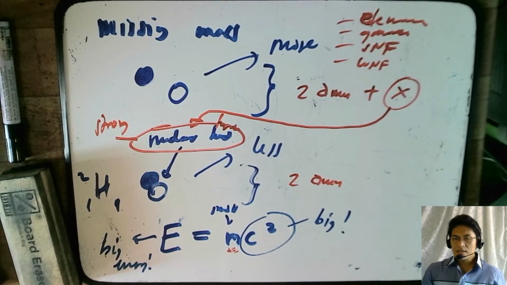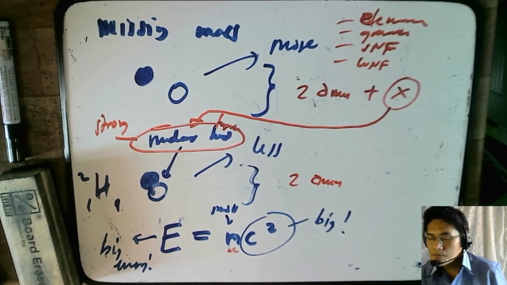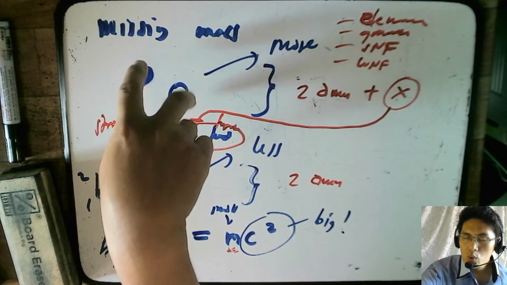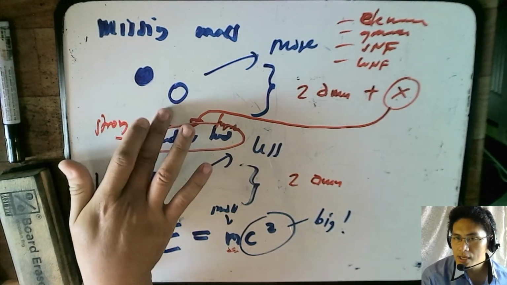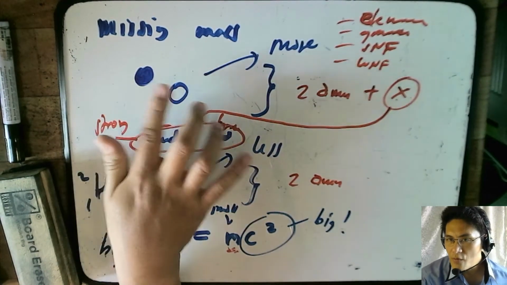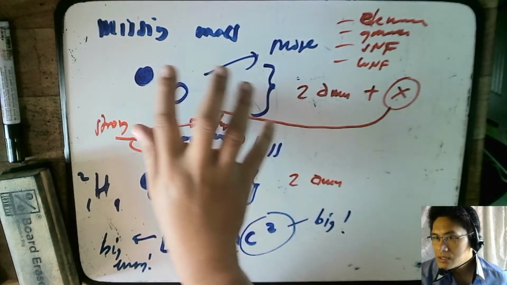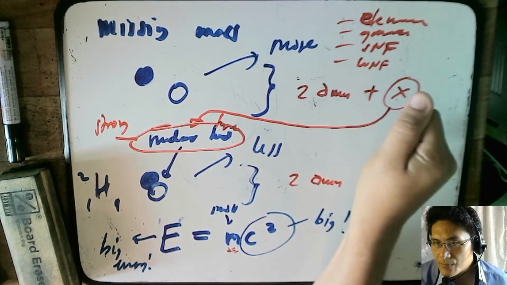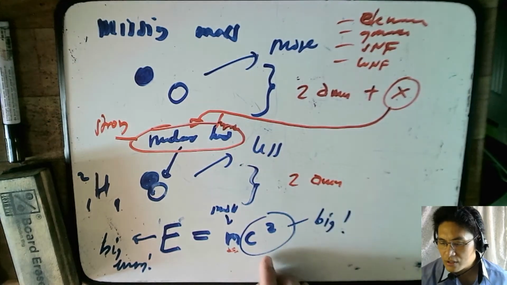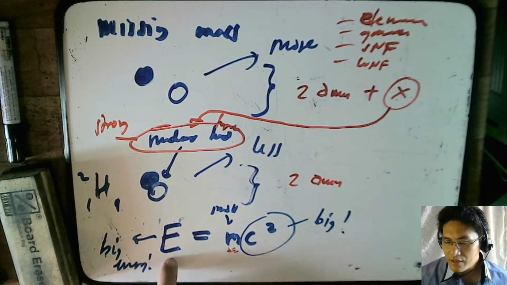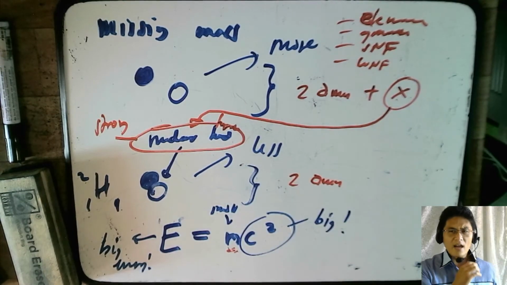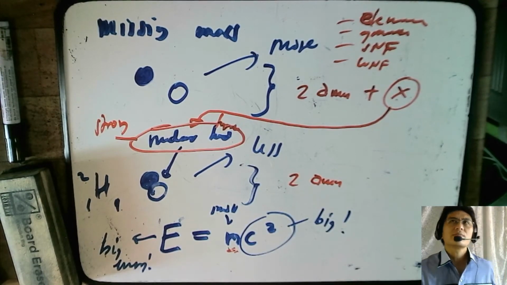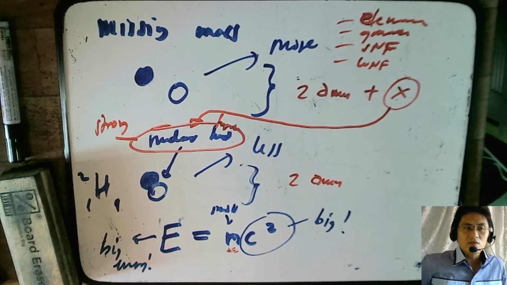So the idea is, when two nucleons, a neutron and a proton, bind, some of the mass will be missing because it is converted to energy, and that energy is contained in the nuclear bond. But I know this is a difficult concept because you are still in high school.